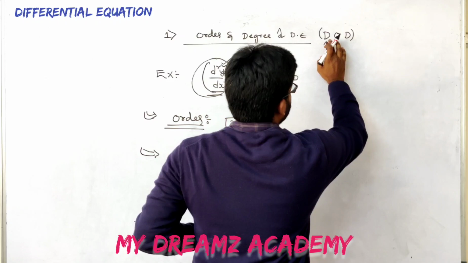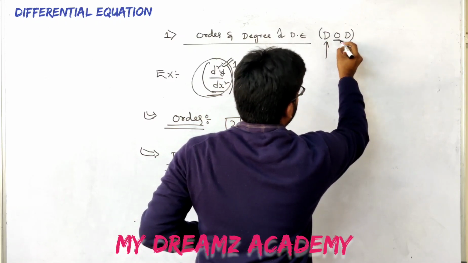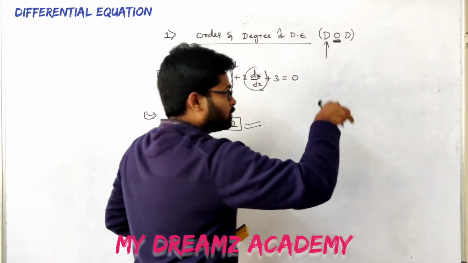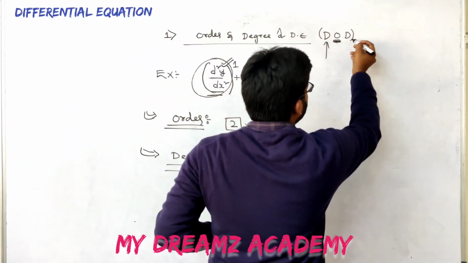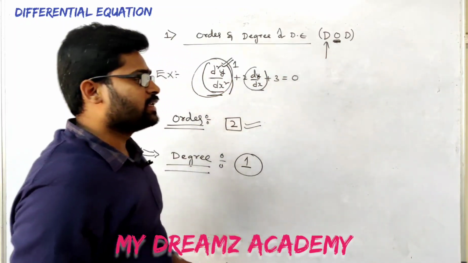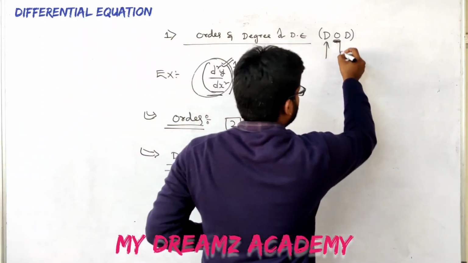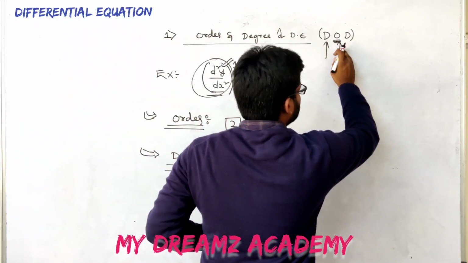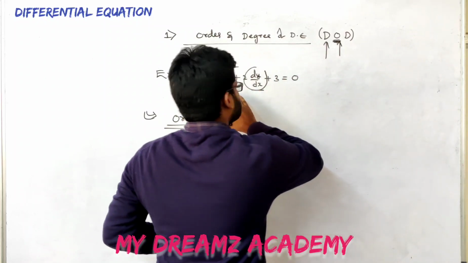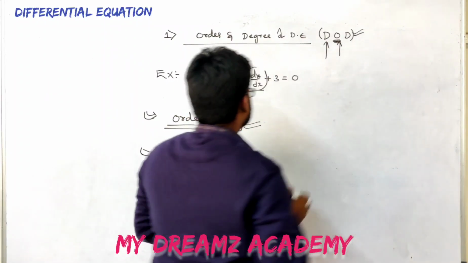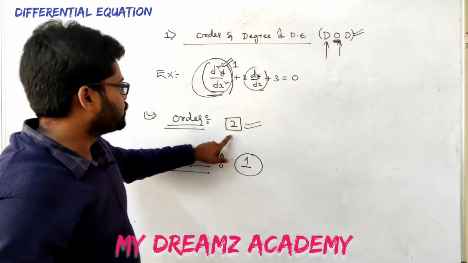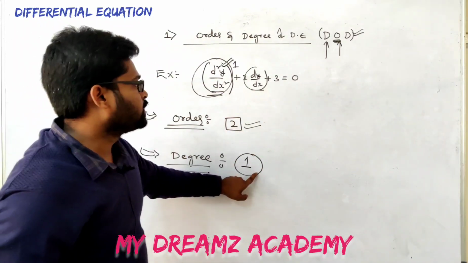The highest differential coefficient's power is nothing but the order. Then we need to see only this term in order to find the degree. Here the order is 2, the degree is 1.